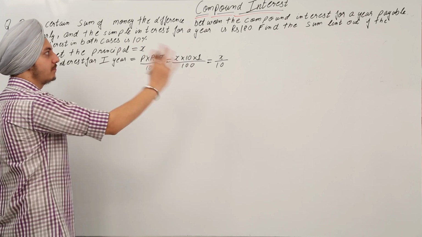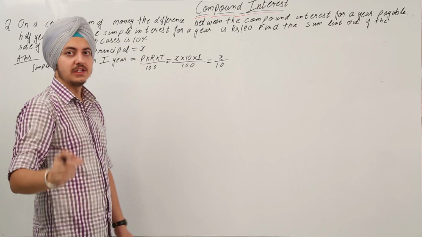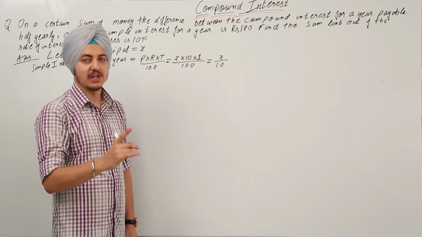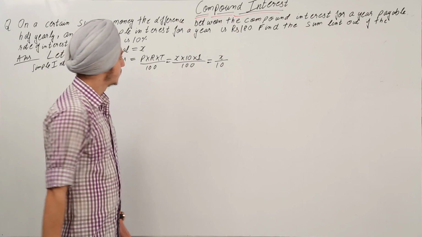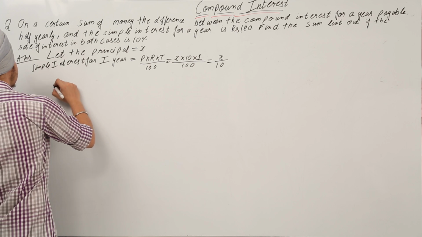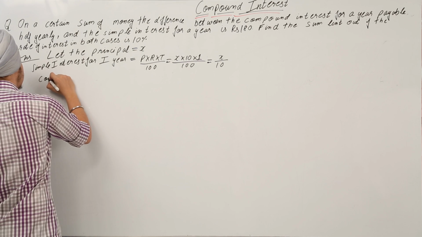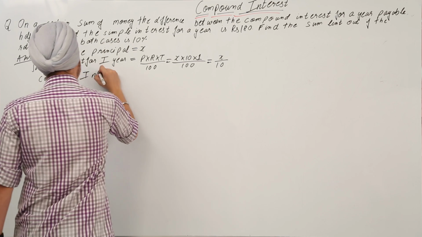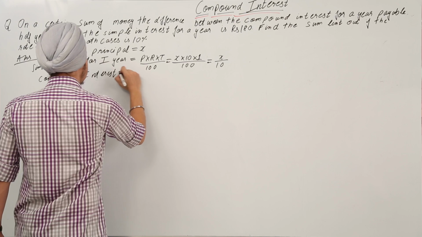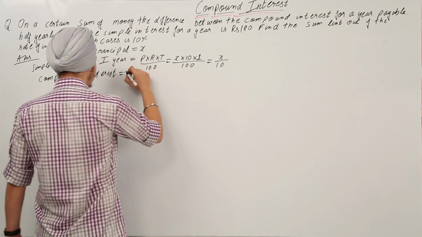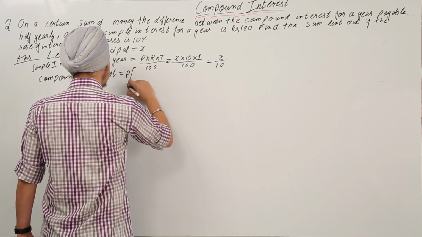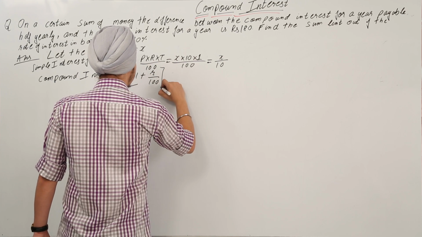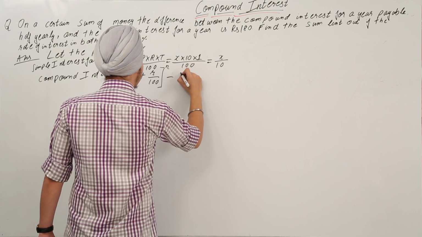Now if we have the compound interest for the first year, the interest compounded half yearly, we have two conversion periods in 1 year. Am I right? So what is the formula? The formula is compound interest is equal to P into 1 plus R upon 100 raised to power n, minus principal.